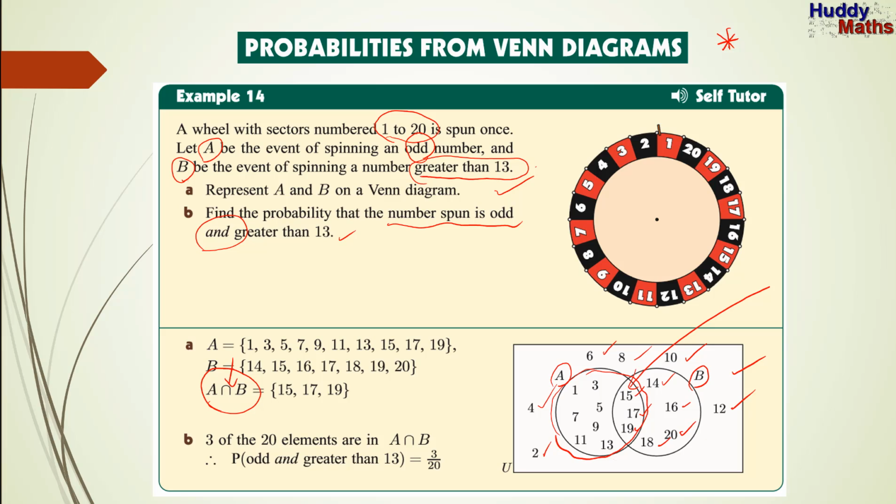So you could actually list out all the odds and all the numbers bigger than 13 and simply look at how many overlap. So 15 and 15, without a Venn diagram I'm saying now. Here, and 17, and 17, and 19, and 19.